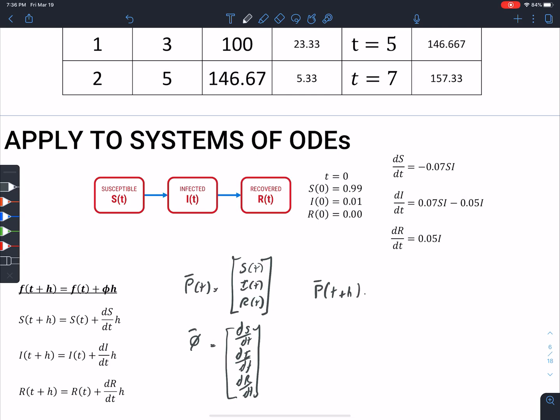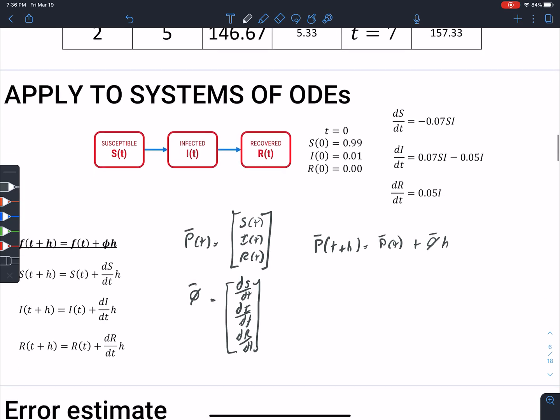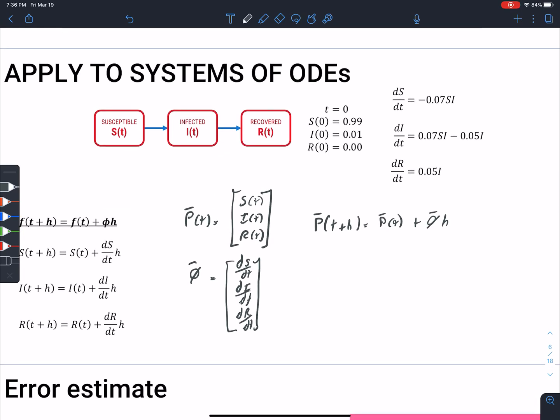So P of t plus h will be given by P of t plus this vector phi times h, right? And we apply the same formula. We can do this at home.